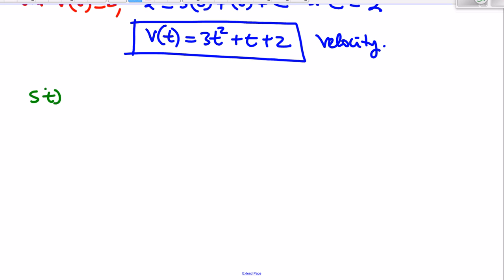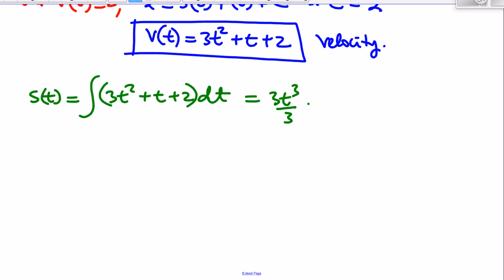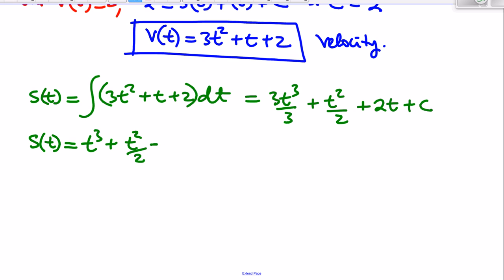So s of t, we shall integrate velocity, which is 3t squared plus t plus 2, and we are integrating with respect to t. What that means is we'll end up with 3t to the power 3 over 3 plus t squared over 2 plus 2t plus c, which means s of t will be t cubed plus t squared over 2 plus 2t plus c.